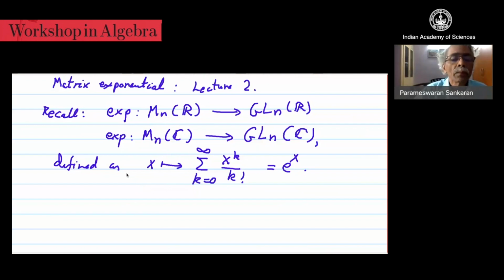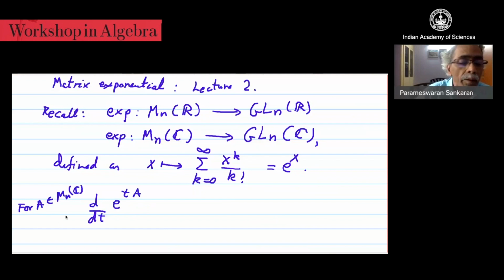So we saw some important properties of this, namely d by dt of e power t times a, for any a in the domain. Let me write Mn of C here.